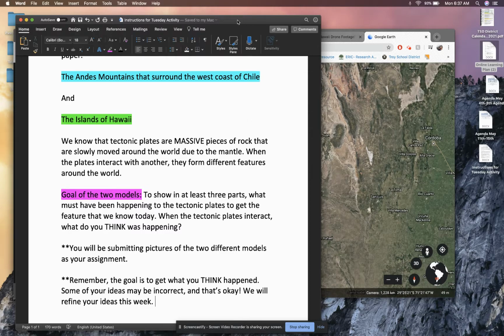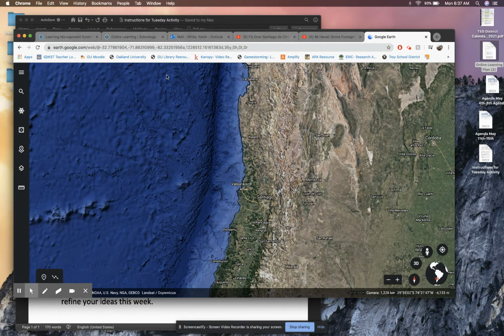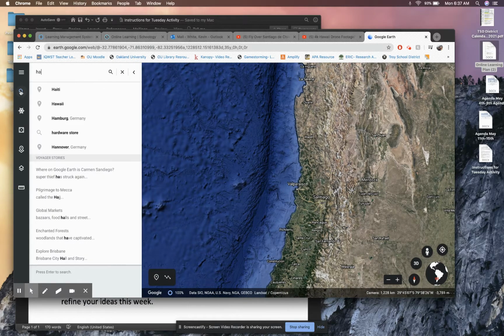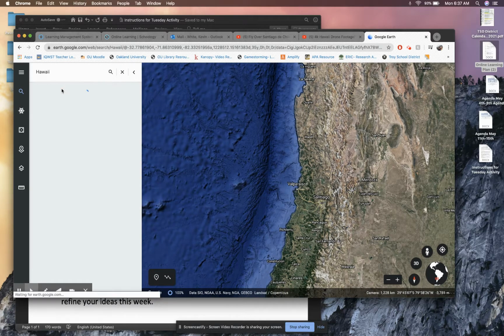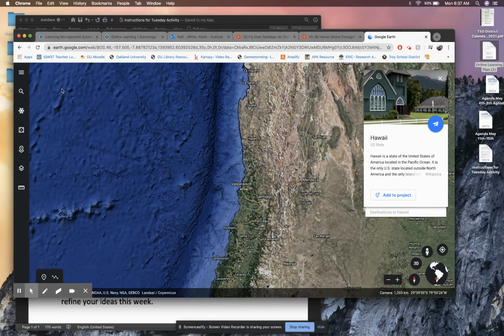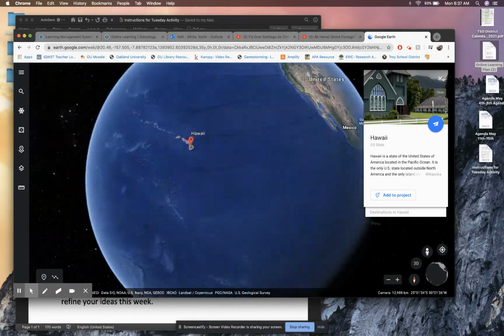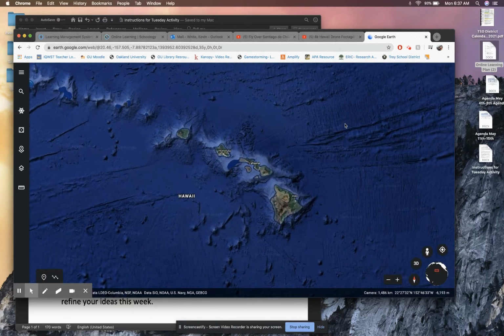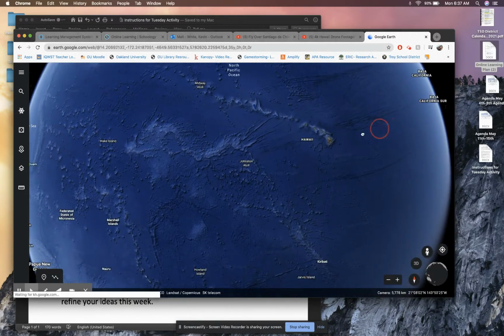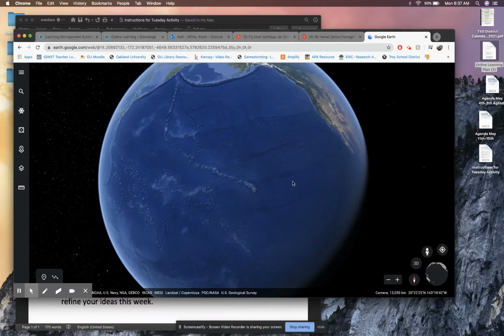And then last but not least, we are going to be looking at one other location, which many of you are familiar with. We're going to be looking at Hawaii. So if we go on over to Google Earth and we go to Hawaii. Hawaii is in the middle of the ocean.